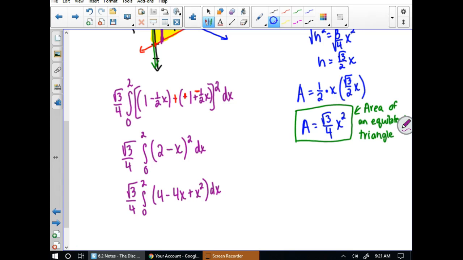And from here, let's just use our calculator to do that. You guys should be able to integrate it just fine. So we have the square root divided by 4.